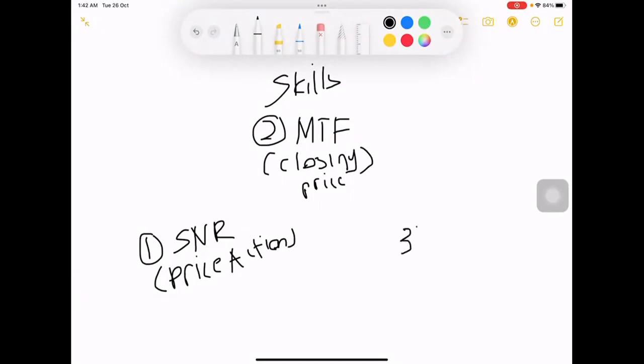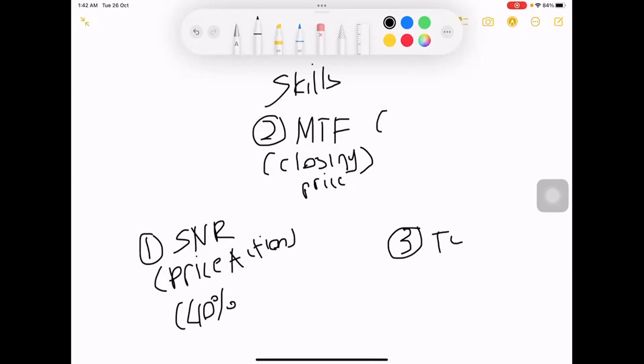Number three is trend line, right? So as I mentioned before, SNR is only 40%, even though SNR is number one, but the crucial part is this one.